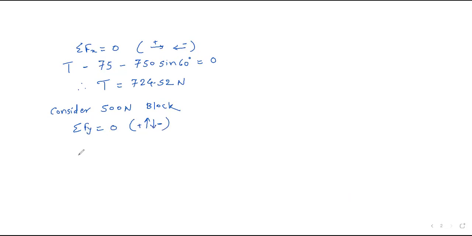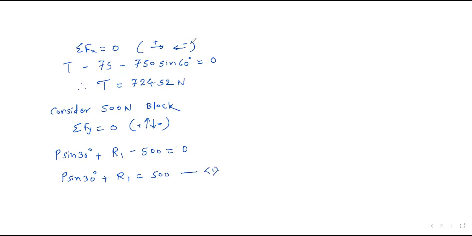So now if I apply that, what I will get here is P sin 30 plus R1, both moving upward, minus 500 is equal to 0. So I will get one equation. If I rewrite this equation in neat form, then it will be P sin 30 plus R1 is equal to 500. This is my equation number 1.